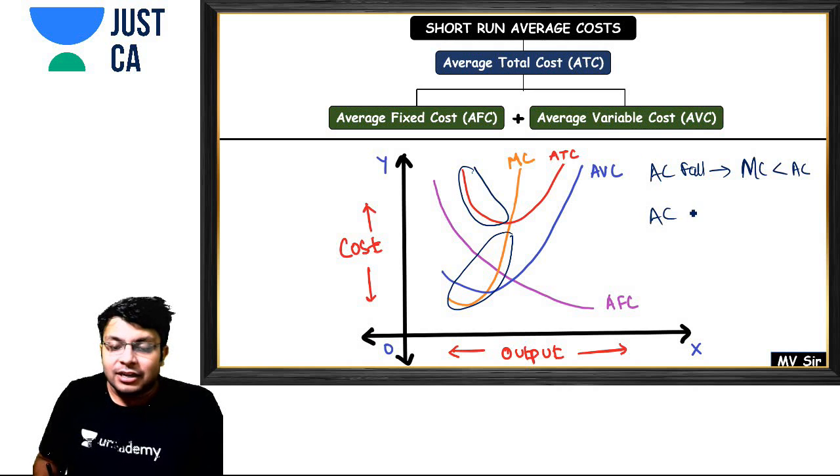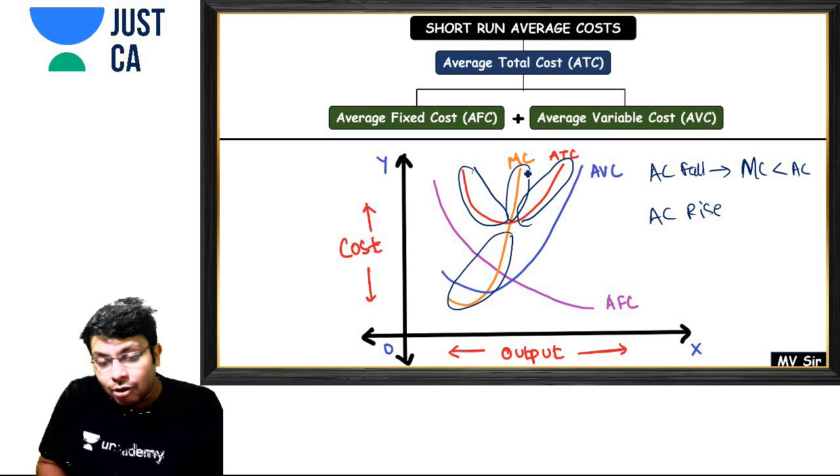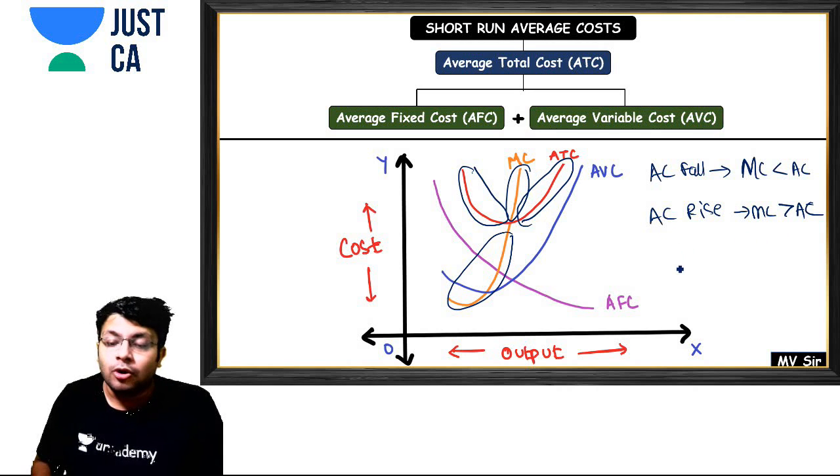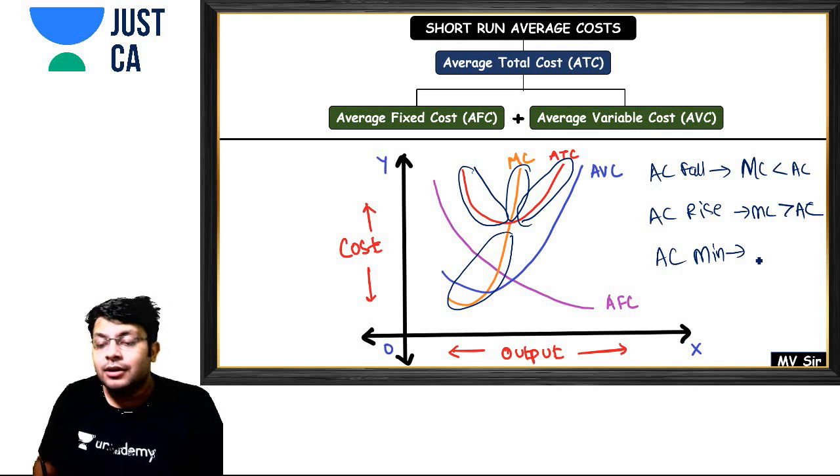Then when your average cost is rising, what is happening over here? Your marginal cost is above the average total cost curve, so your marginal cost will be more than average total cost. And my friends, the last point: when your average cost curve is minimum, your marginal cost will be equal to the average cost.